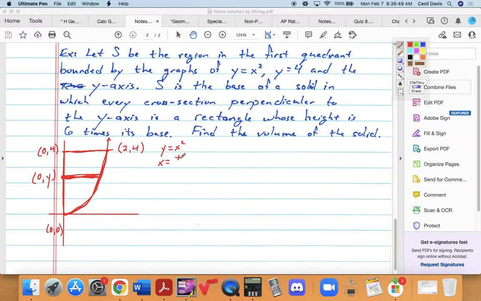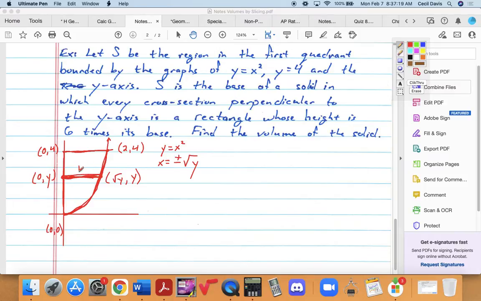Yes, every time you take the square root, I want you to think of positive and negative square roots. Which one do we have in this first quadrant? The positive root. So the x-coordinate is the square root of y, and the y-coordinate is whatever the y-coordinate is. So what part of the rectangle is this?